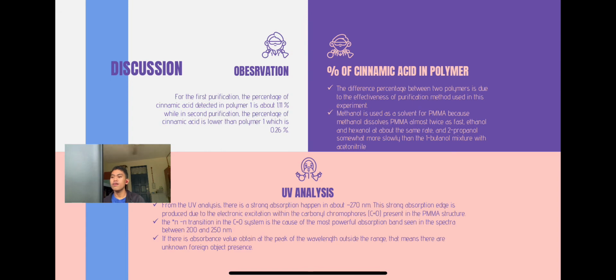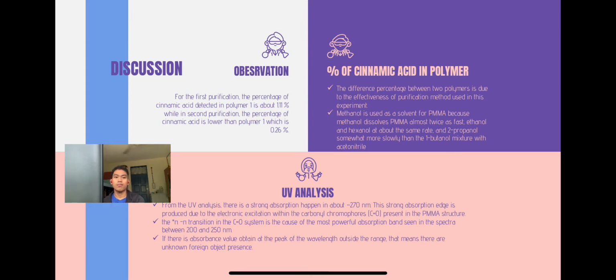The solvent used in this experiment also plays a key role in purifying the polymer from any contamination. For this experiment, methanol is used as a solvent for the polymer, or PMMA, because methanol dissolves PMMA almost twice as fast as ethanol and hexanol, which dissolve at about the same rate.